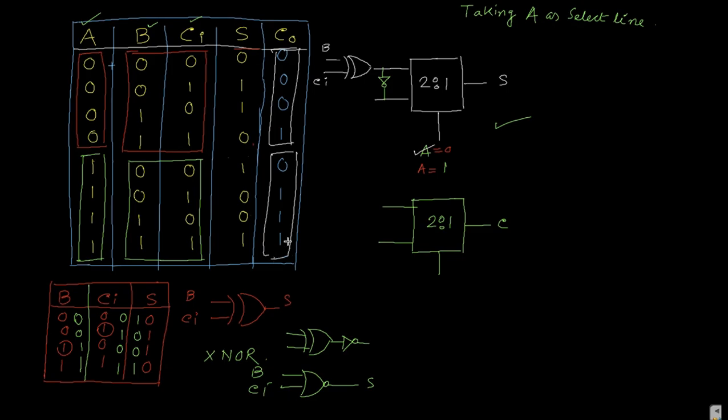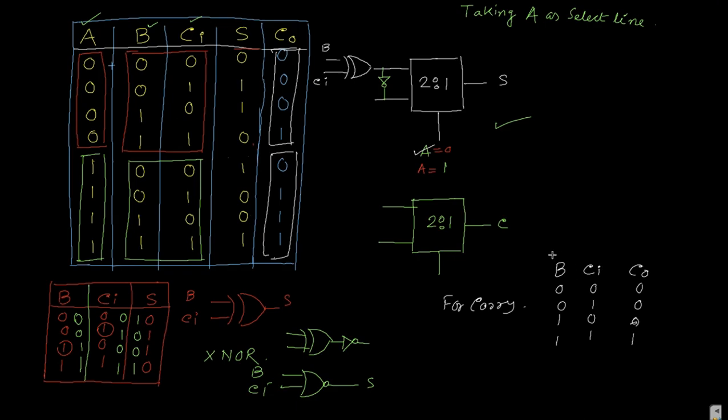Okay, now for carry, if you compare B, Ci and Co: B is 0 0 1 1, Ci is 0 1 0 1, carry becomes 0 0 0 1.